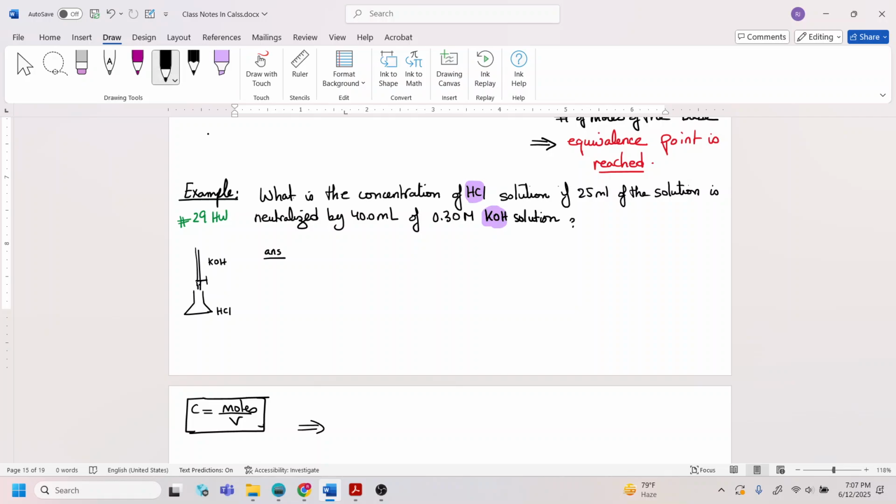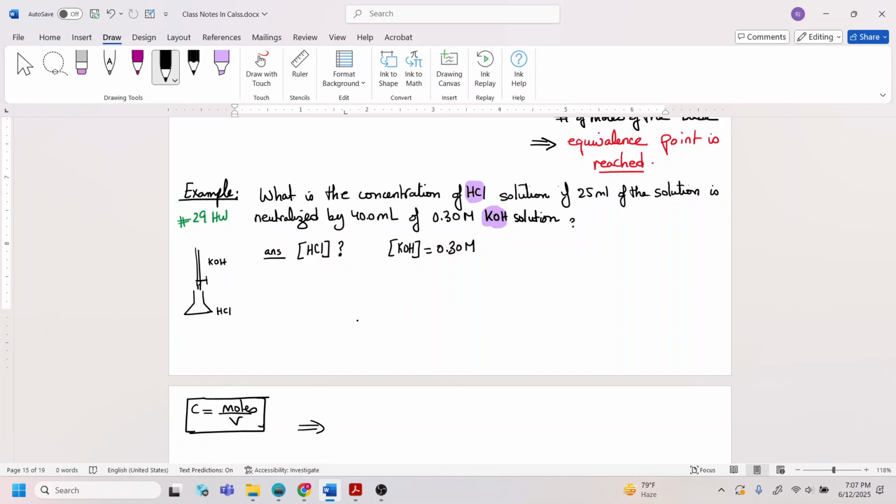So let's lay down our given in here. So they need the concentration of the HCl. We don't know the concentration of the acid, but this is what we are given. We are given the concentration of the base, which is equal to 0.30 molar. We said that the base, we put it in the burette, and the acid, we put it in the flask.